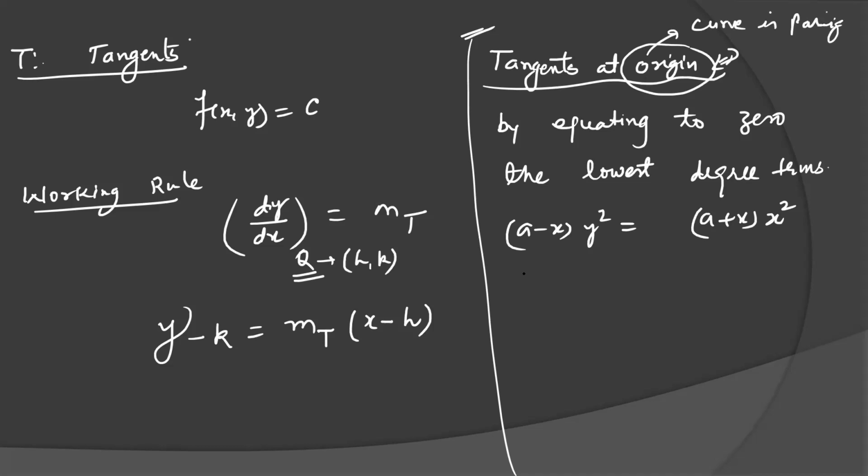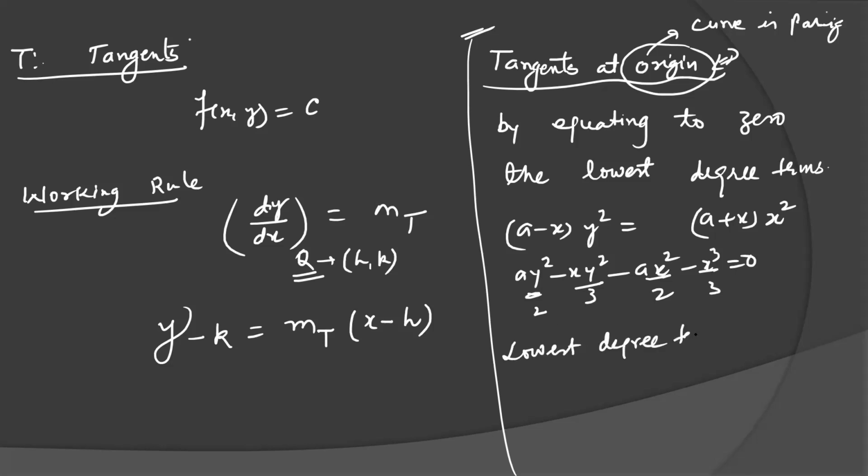So if you put it here, it will be ay square minus xy square minus ax square minus x cube equal to 0. This is a second degree term, this is a third degree term, this is a second degree term, this is a third degree term. So what are the lowest degree terms? Lowest degree terms are ay square minus ax square.